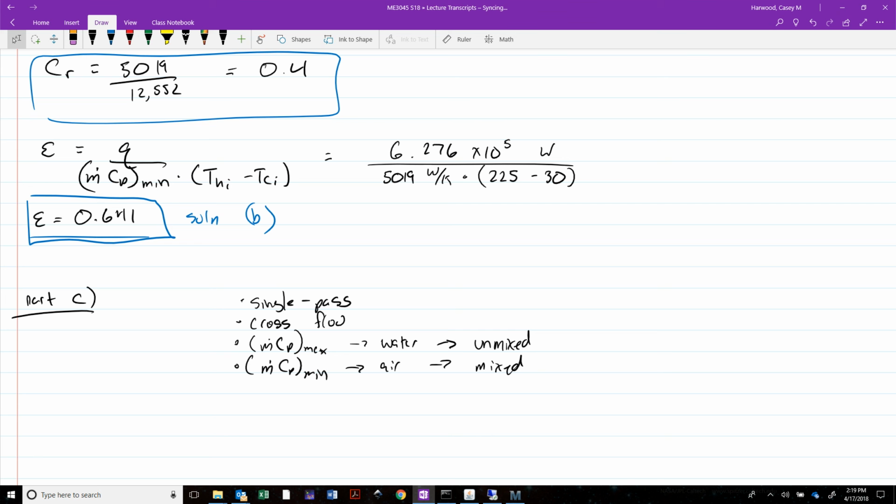So we have in this case that the Cmax is unmixed and the Cmin is mixed, which corresponds to equation 11.34b.